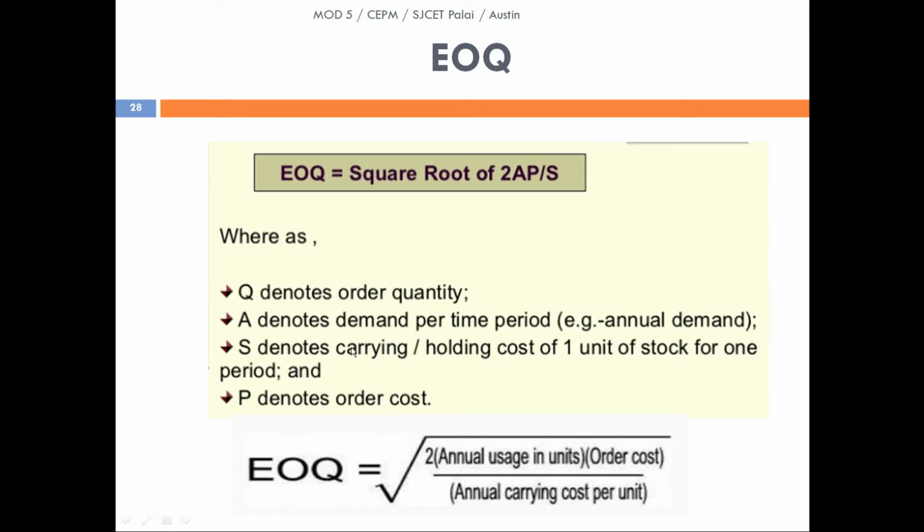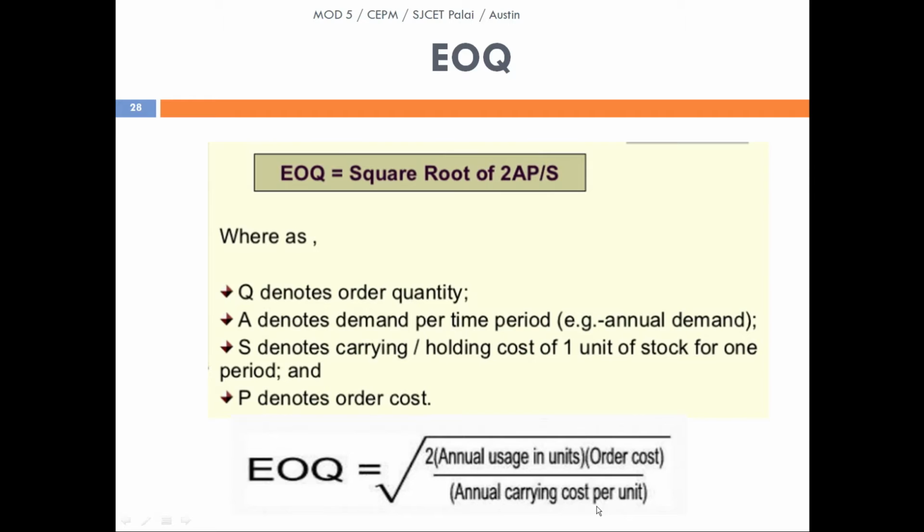So EOQ incorporates the holding cost, the order cost, as well as the total demand per time period, annual demand. So we could write the equation as EOQ is equal to root of 2 into annual usage in units, which is A, multiplied by order cost given as P, divided by the annual carrying cost given by S.